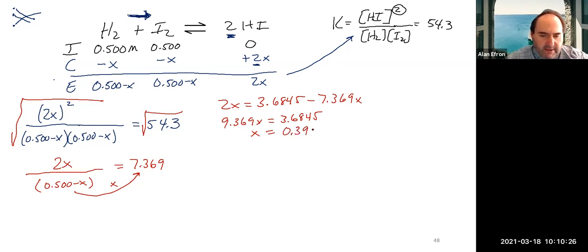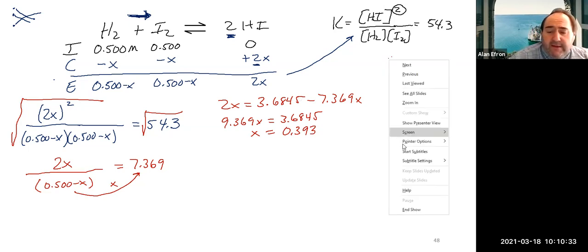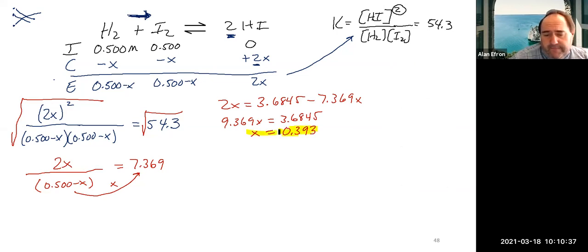Any questions on that math there? So the importance of that x value is that it is this x value here, and that x value there, and this x value here. That really is all we need to finish up and figure out our equilibrium concentrations.